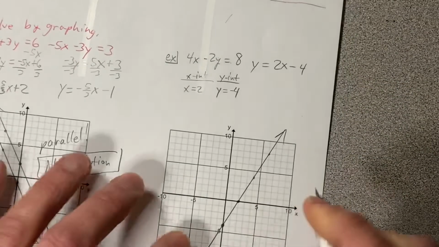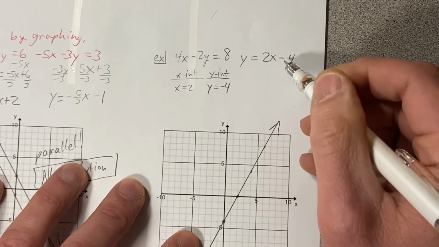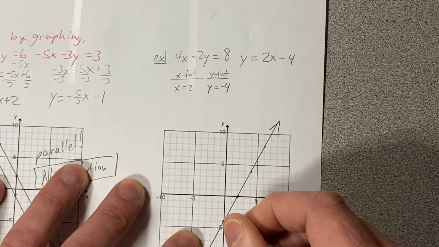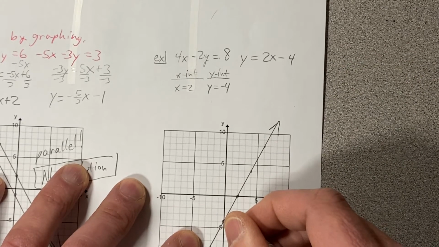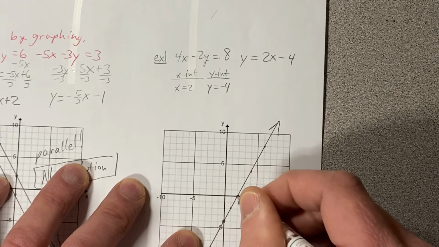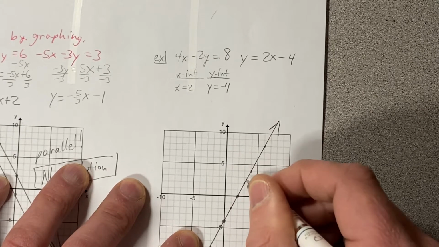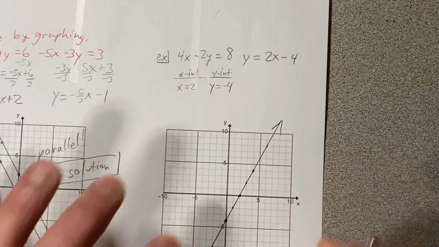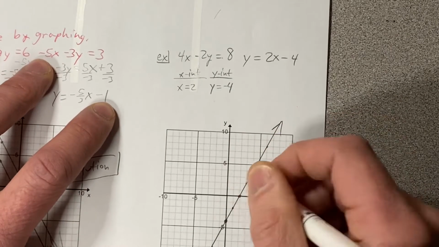For our other equation, it's in slope-intercept form, so we can go ahead and go down 4. Oh, wait a second, look, that's an intersection point, isn't it? Down 4, y-intercept of -4. And then our slope is up 2 over 1. Up 2 over 1, up 2 over 1. What have we discovered? Well, we've discovered that they're the same line.